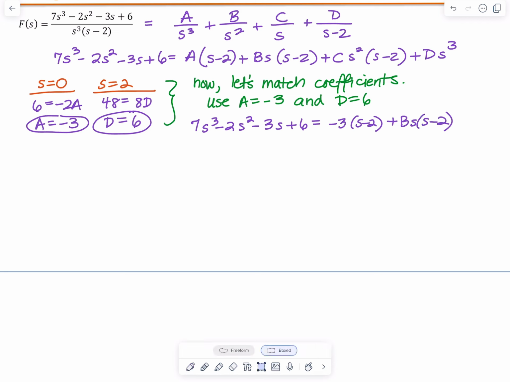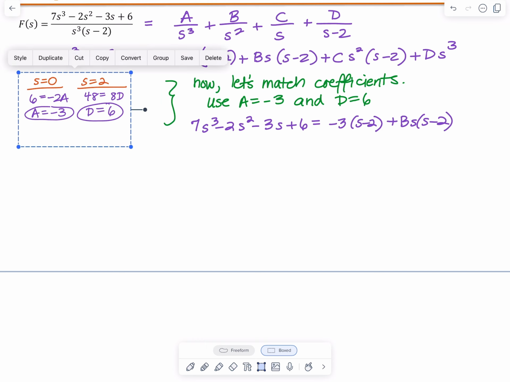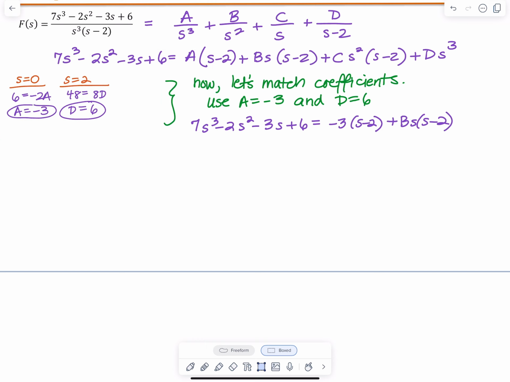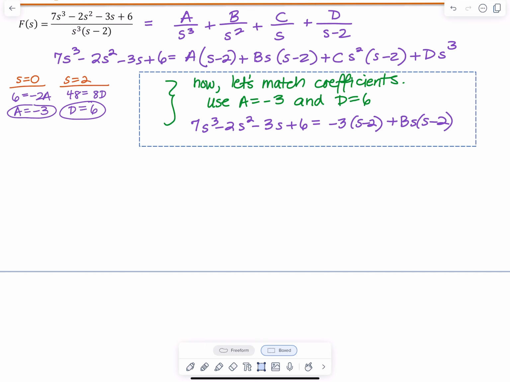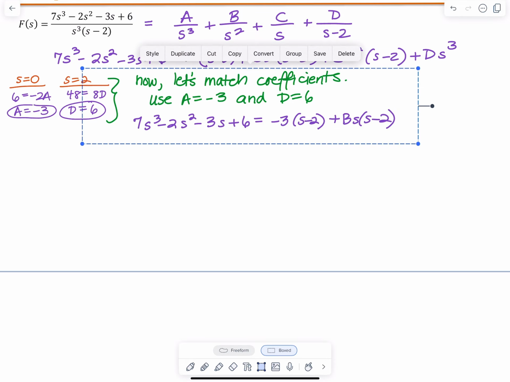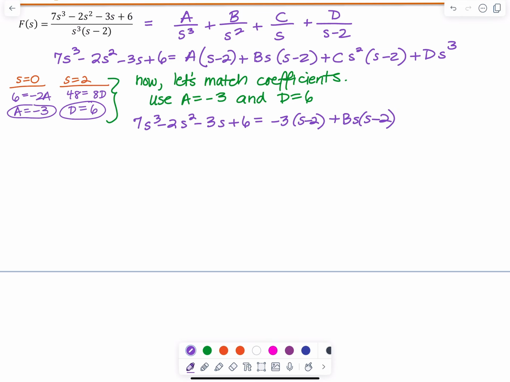Plus cs squared multiplied by s minus 2, and we have our d is equal to 6, so we'll have 6s cubed.